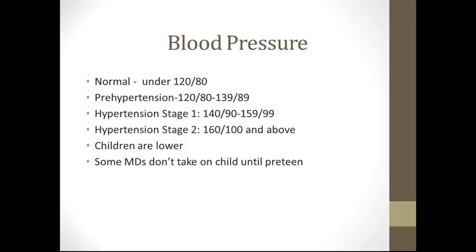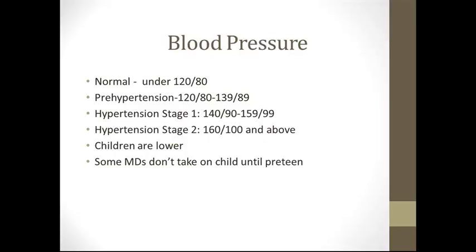Children are oftentimes lower. Newborn blood pressure is 60 to 96 systolic and 30 to 62 diastolic. Children 1 to 3 years old are 78 to 112 systolic and 48 to 78 diastolic.